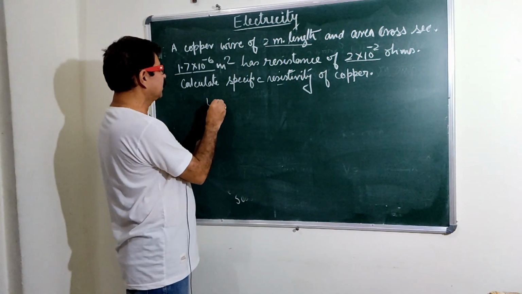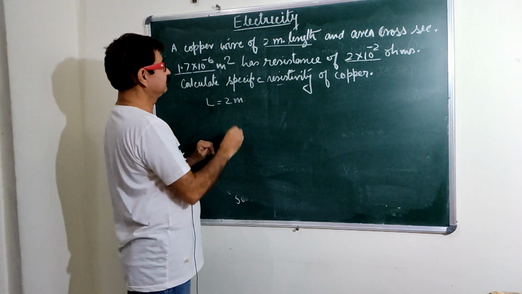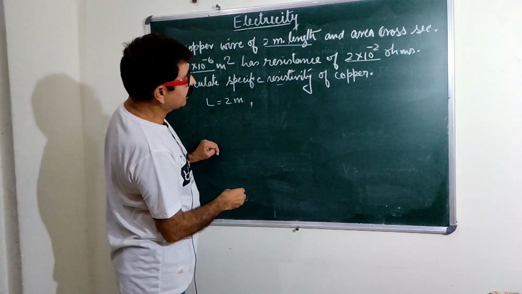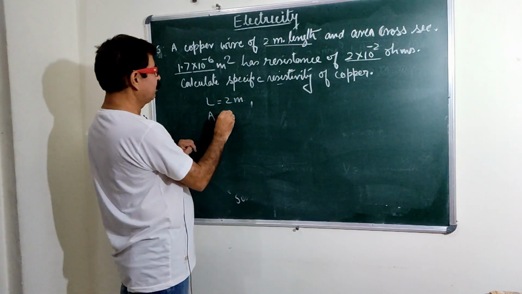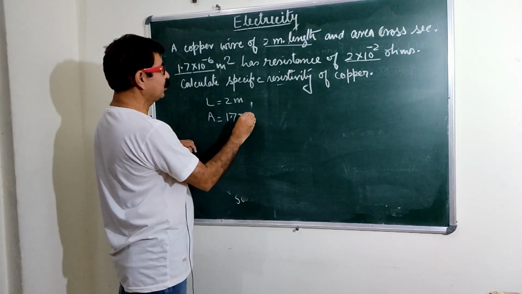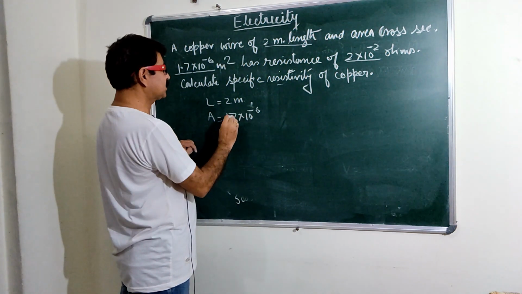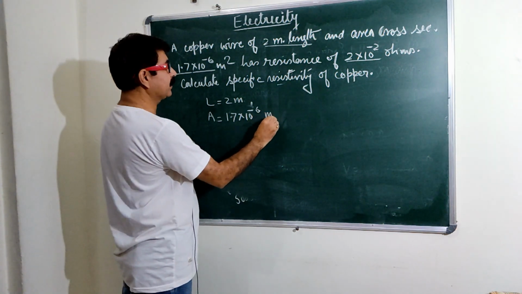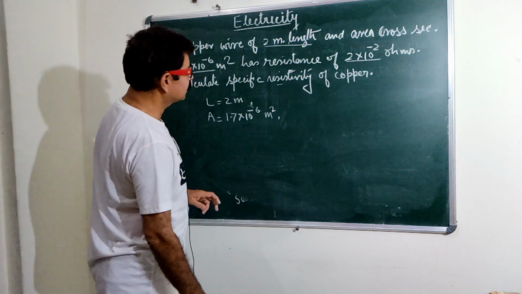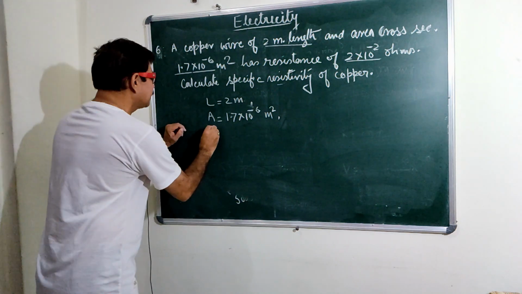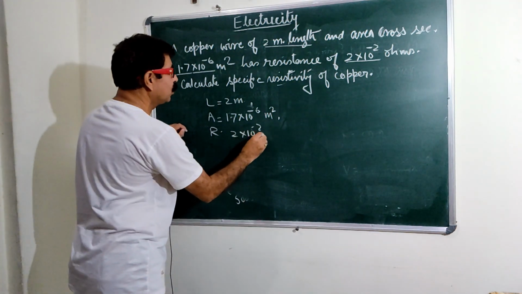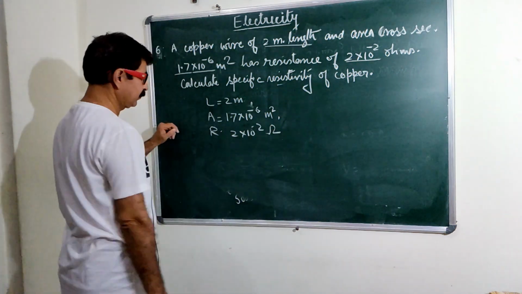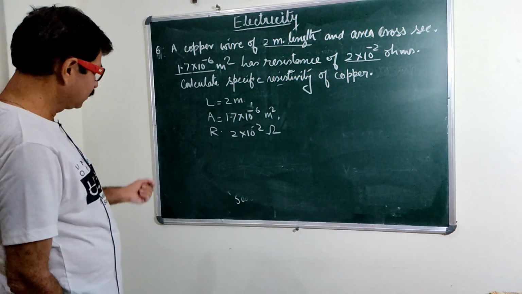Given here length, length is 2 meters. Then area cross section A is given. How much it is? 1.7 into 10 to power minus 6 meter square. And next is given, resistance is given 2 into 10 to power minus 2 ohms. And they are asking resistivity.